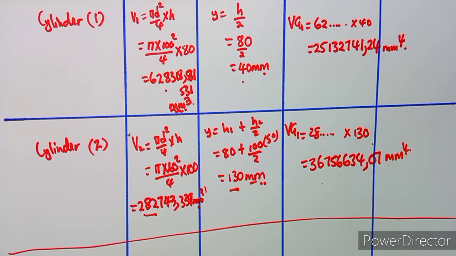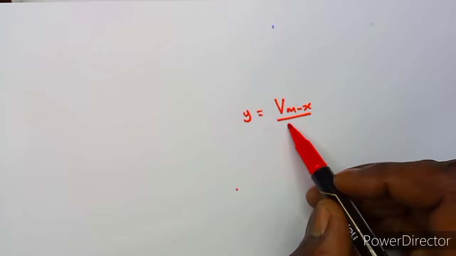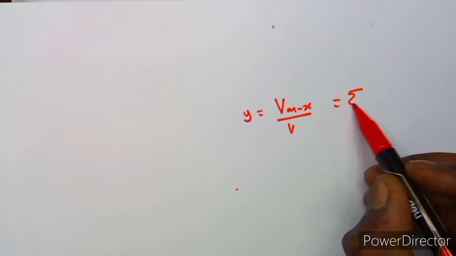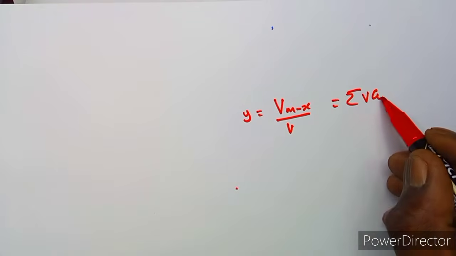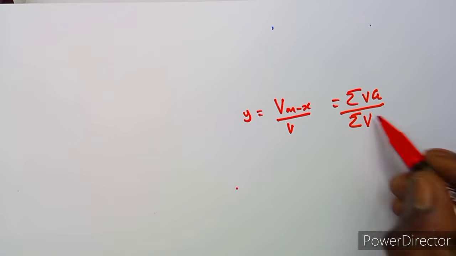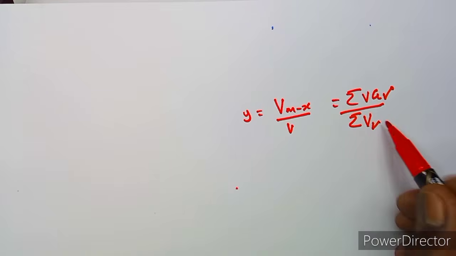This is what is going to happen. Remember that your y, the center of gravity, is equal to the volume moment over the given volume. So it's actually the total of the volume moment, the total Vg, over the total volume. You need to find the total Vg and the total volume.